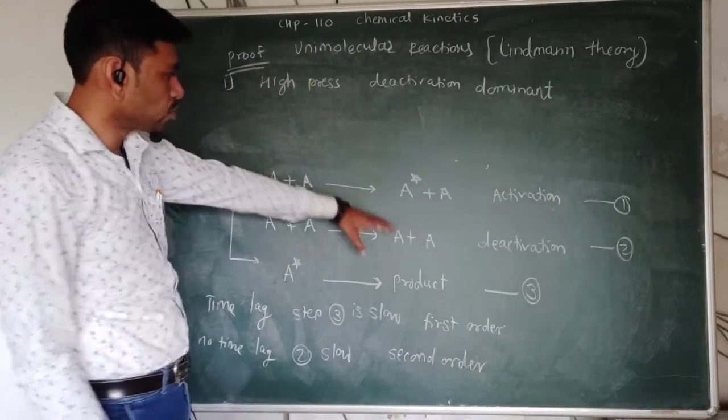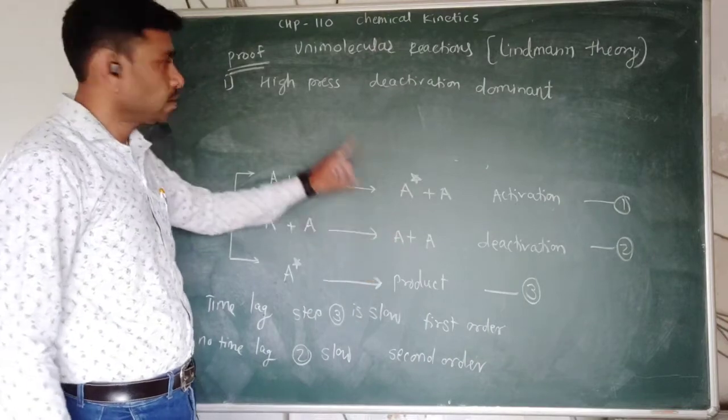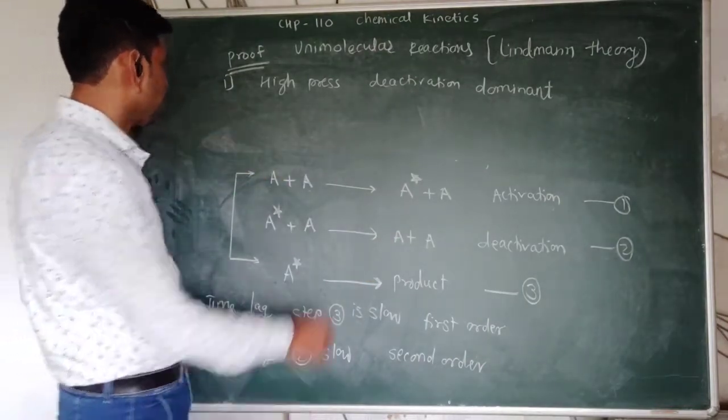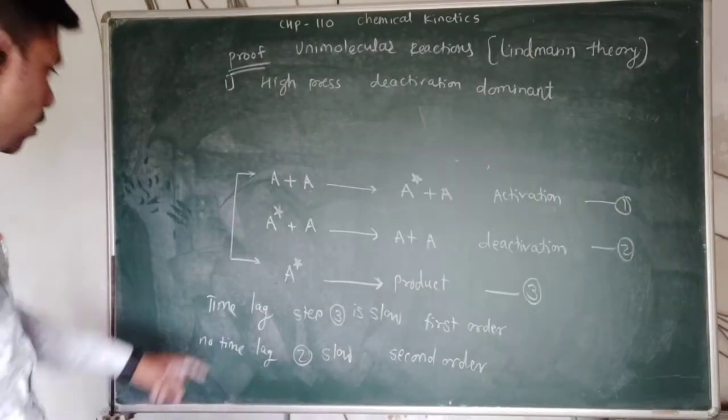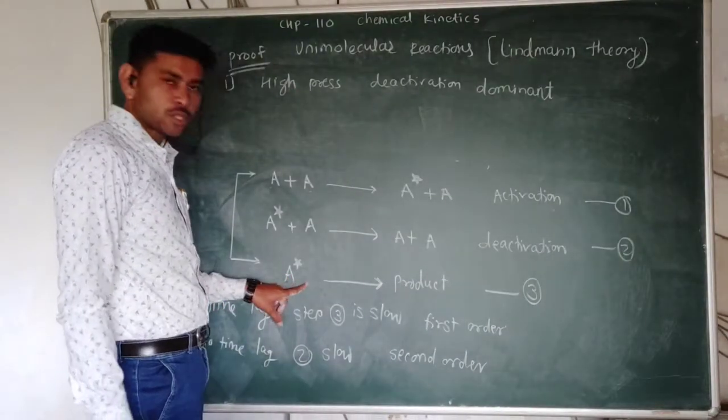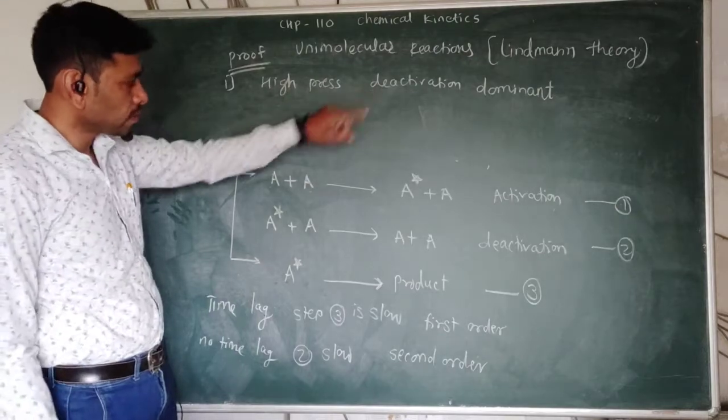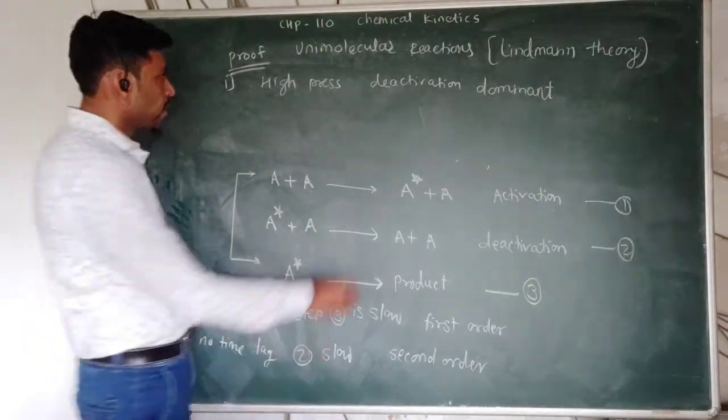If deactivation is dominant at high pressure, then the step third is slow. Then deactivation is dominant and step third is slow, and the reaction is first order.